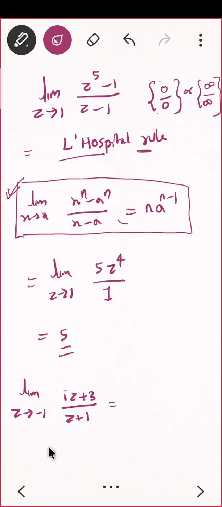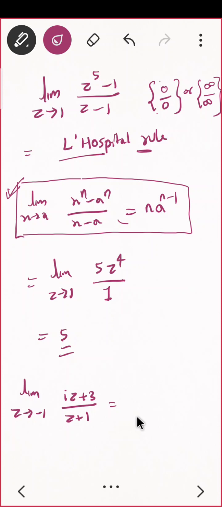What is the answer? Okay, Ketan, can you hear me? What is the answer for this limit? Hey, that is quite simple.